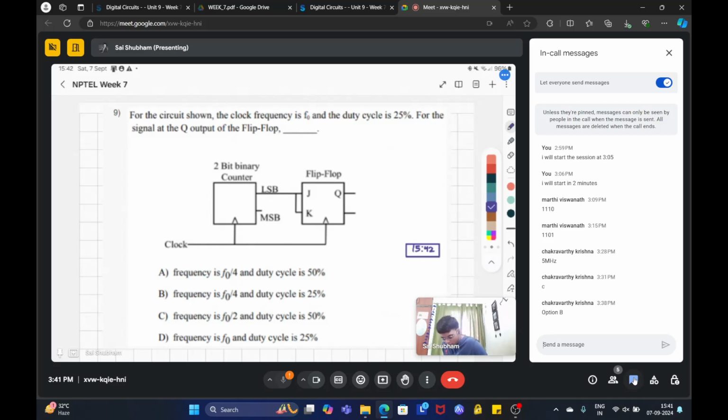So I will give you about 5 minutes to do this problem. This is a slightly difficult problem.